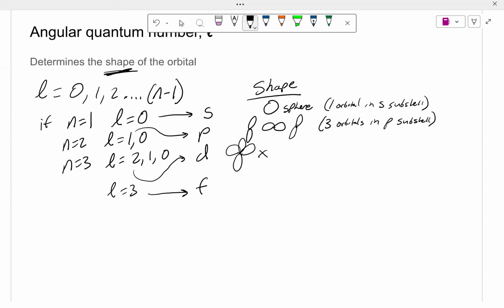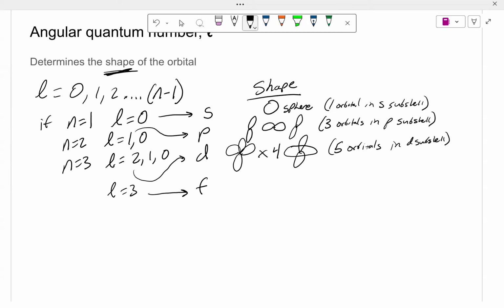But you got 4 of those. And then there's one more that kind of looks like a dumbbell with this ring around it. Kind of weird. Again, we're dealing with quantum stuff. Quantum stuff is weird. And so you have a total of 5 orbitals, the 4 four-leaf clovers, and then the one dumbbell ring in the D subshell.